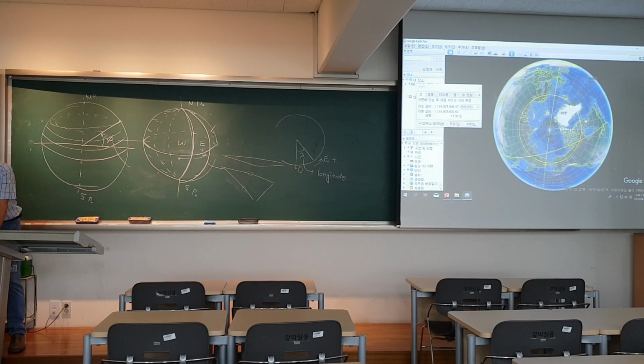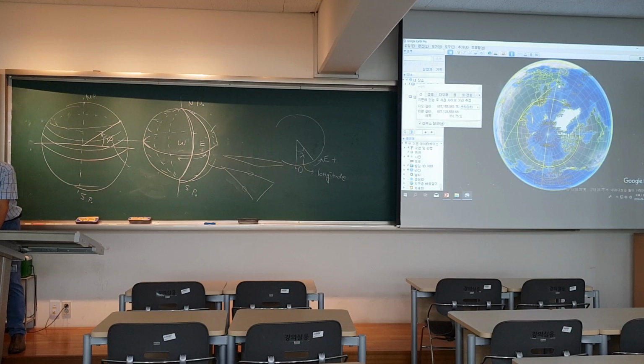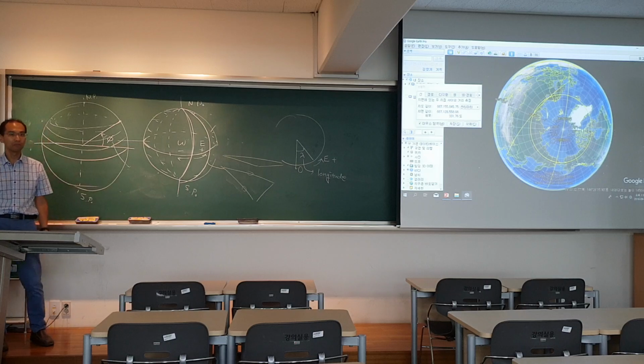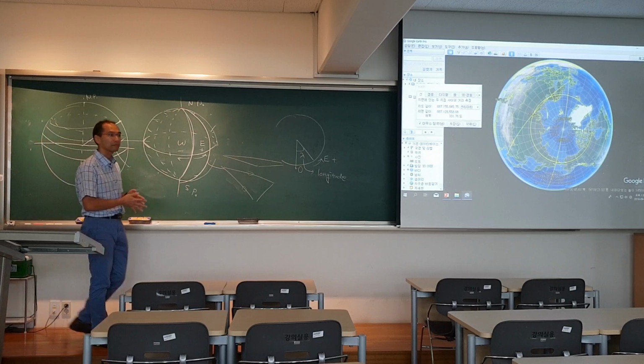And if you are actually going to somewhere in Europe, like London, again, the route will be like this. You fly over most of Russia.